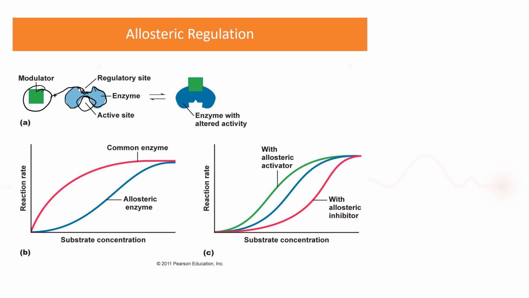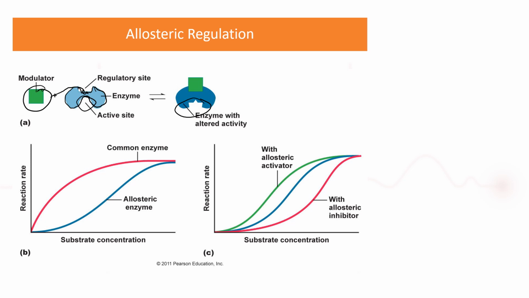And when that molecule binds to that regulatory site, it typically does one of two things. It either increases the affinity that that enzyme has for a particular reactant or substrate, or it decreases the affinity that that enzyme has for a particular reactant or substrate. And how do you think it does it? Of course, by changing the shape of the active site.